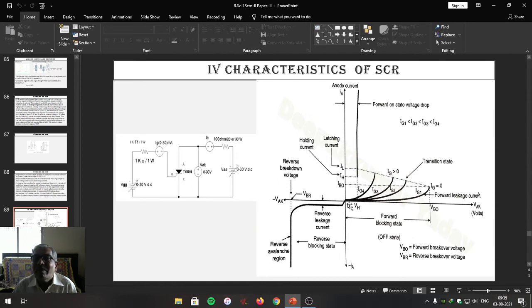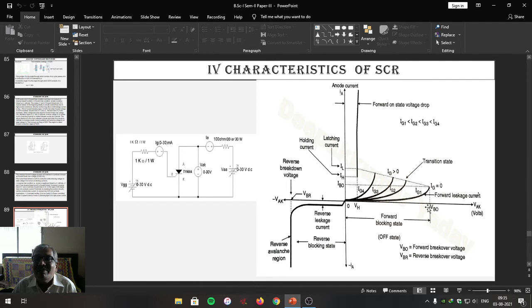But when the anode to cathode voltage becomes equal to the forward breakover voltage, at which the depletion layer across J1 and J3 is totally reduced, junction J2 will break down and a channel is created between anode and cathode, so that electrons will flow from cathode towards the anode, and holes will flow from anode towards the cathode.